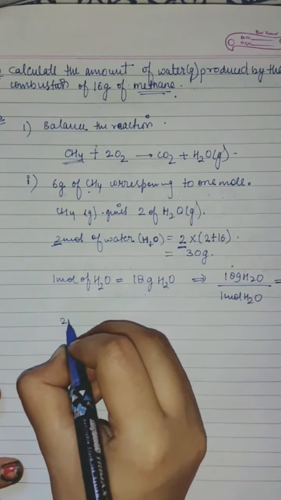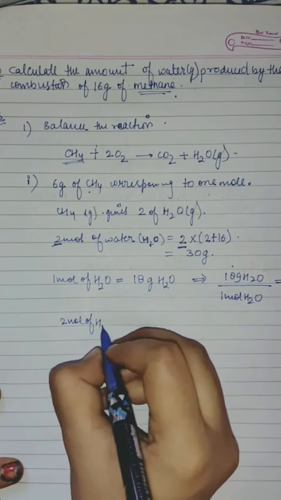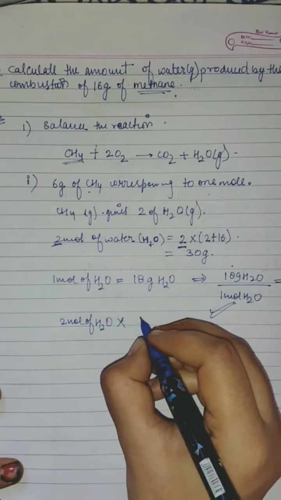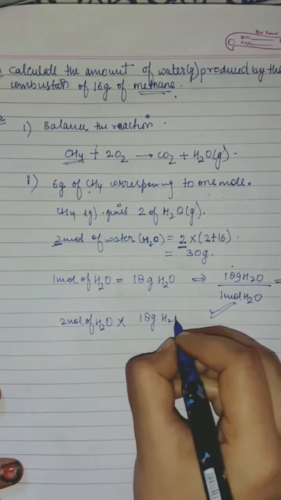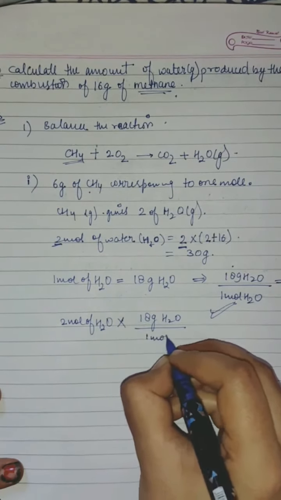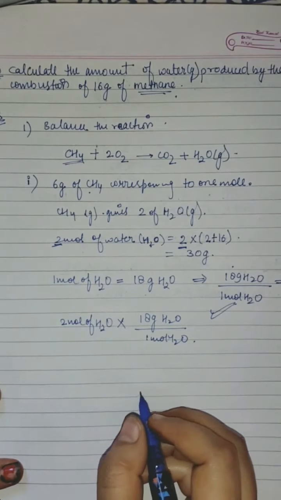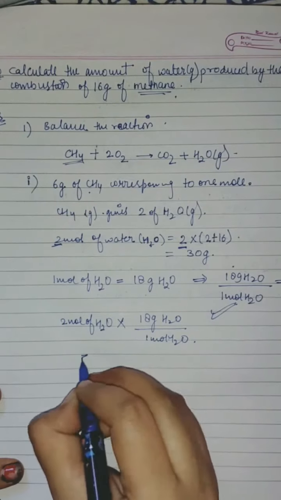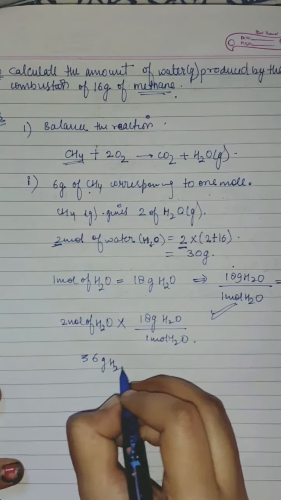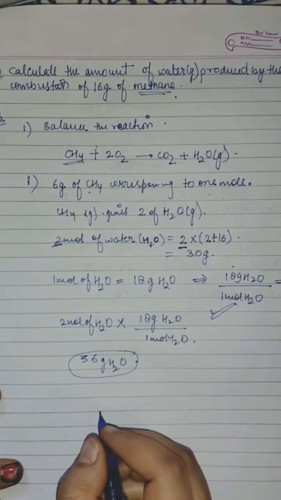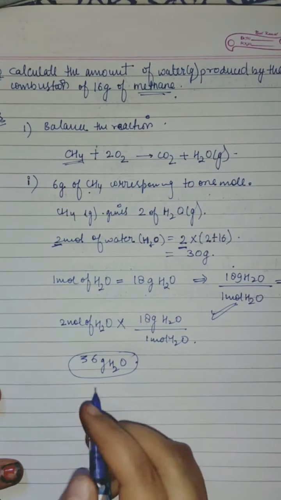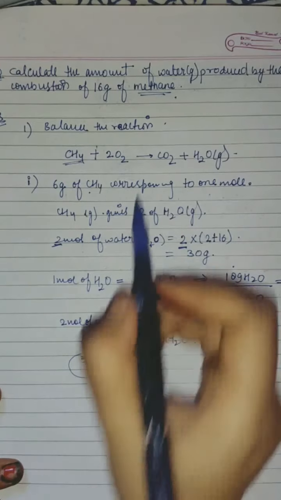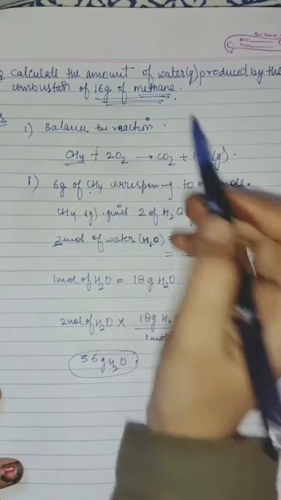After that, 2 moles of H2O multiplied by 18 gram H2O divided by 1 mole H2O gives 36 grams of H2O. So on the basis of the question, 36 gram of water is produced during the combustion of 16 gram of methane.